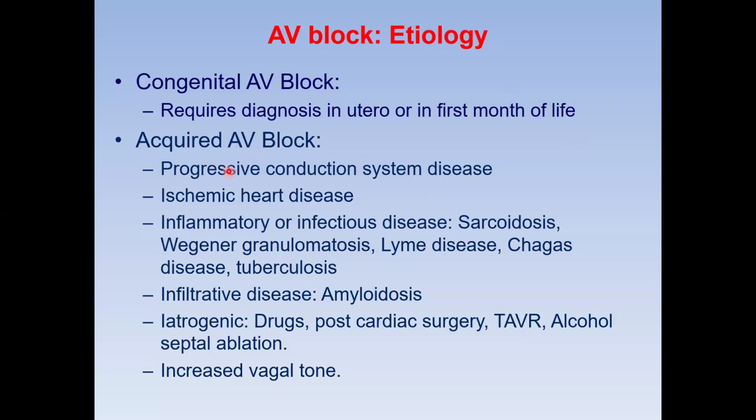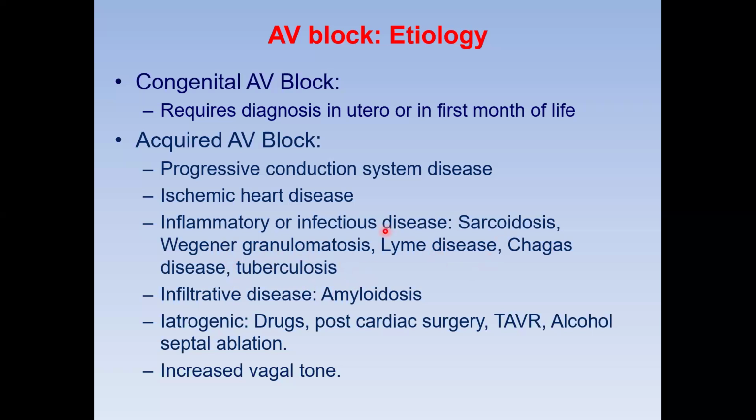Acquired AV block: progressive conduction system disease and ischemic heart disease can cause it. An anterior myocardial infarction can damage the conduction system, and inferior myocardial infarction can cause transient AV block because of damage to the blood supply to the AV node. Inflammatory disease like sarcoidosis, granulomatosis; in Bangladesh, tuberculosis should be an issue.